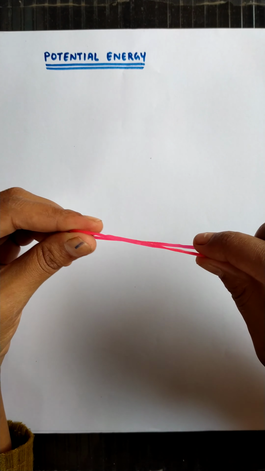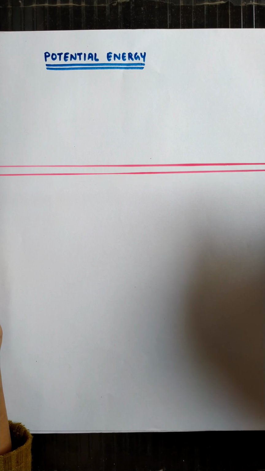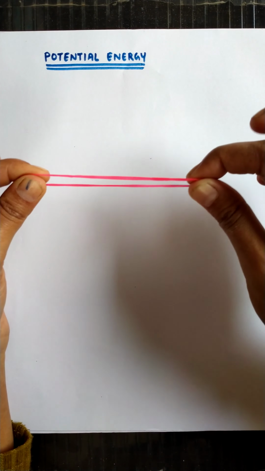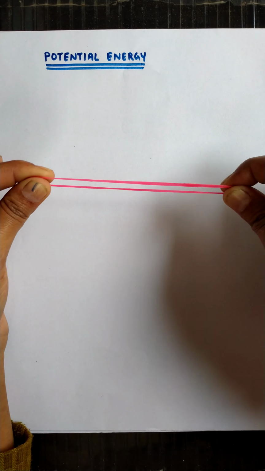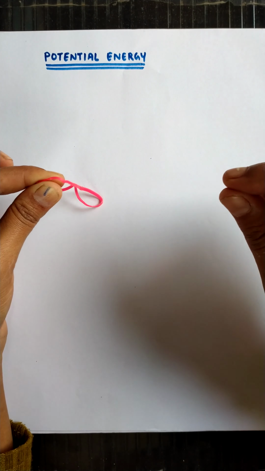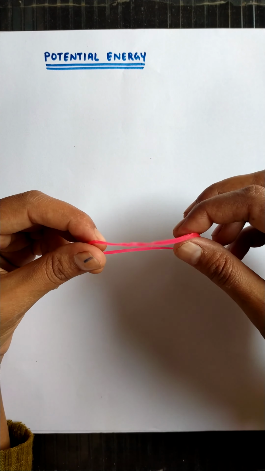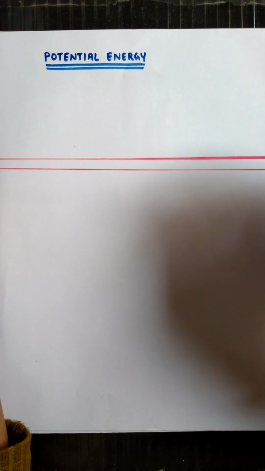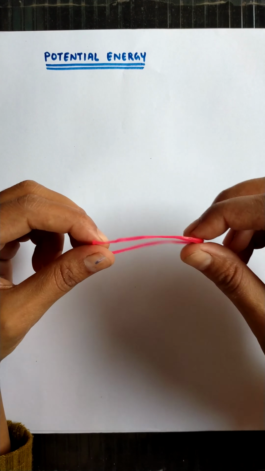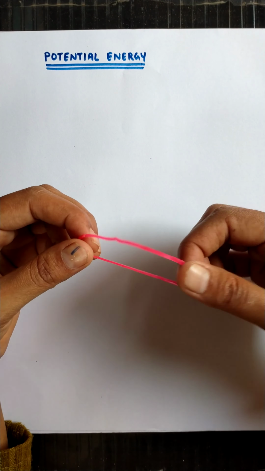While we see that the rubber band will stretch, because I am applying force on the rubber band due to which it got stretched, and when we release the force, then it will regain its original position. So actually जैसे ही हमने उसे देखा वो स्ट्रेच करता है, so that means the rubber band has acquired some energy due to which it is going to change its shape.